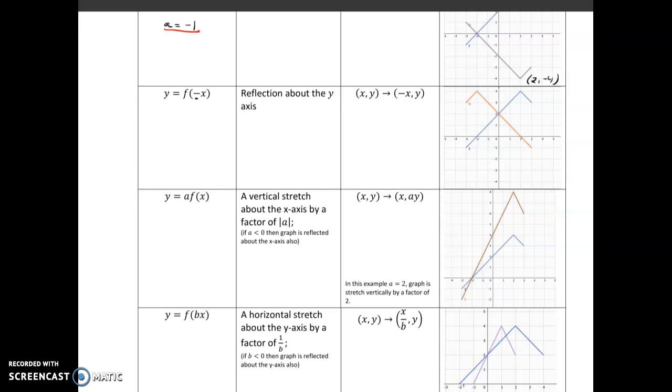So here, let's suppose the blue is our parent function. This will be point -3, -1. And if we reflect this about the y-axis, it becomes point 3, -1.